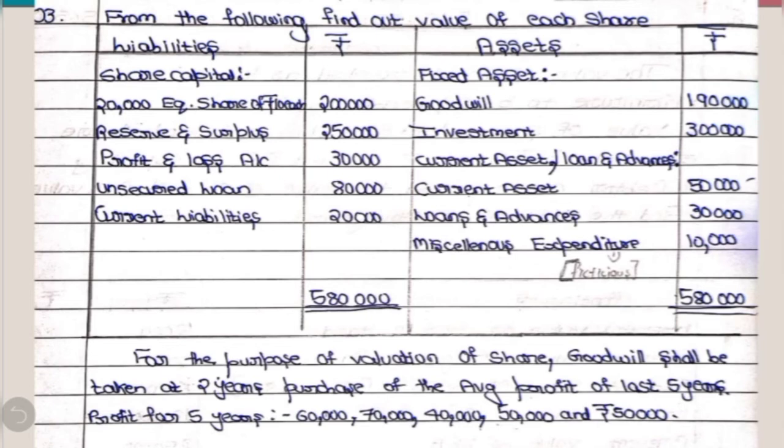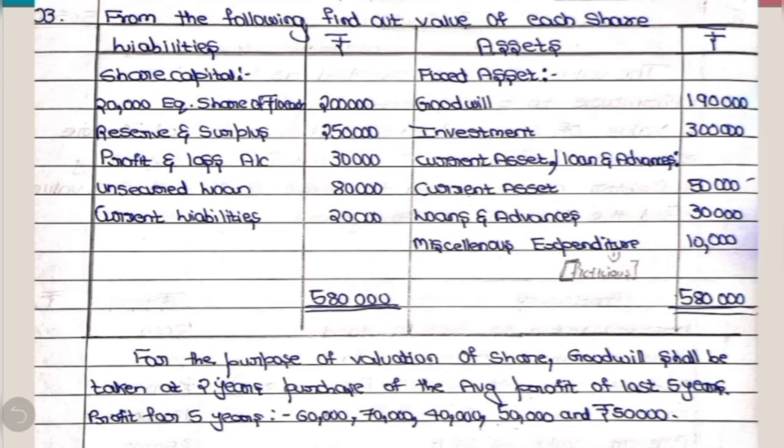Then coming to the liability side, share capital 20,000 equity shares of rupees 10 each, 2 lakh, reserves and surplus, profit and loss account, unsecured loan, current liabilities. For the purpose of valuation of share, goodwill shall be taken at 2 years purchase of average profit of the last 5 years. Profit for last 5 years they have given 60,000, 70,000, 40,000, 50,000 and 50,000. Okay, so this is the question given here.